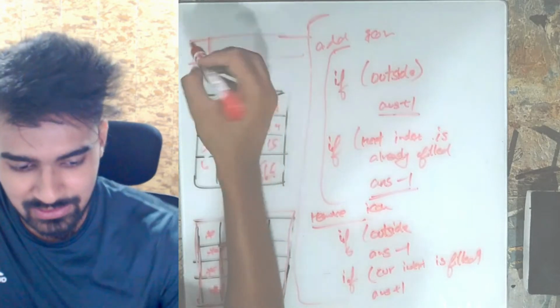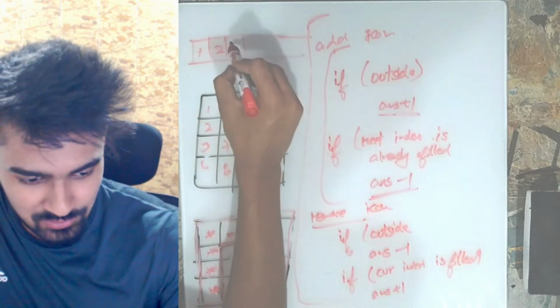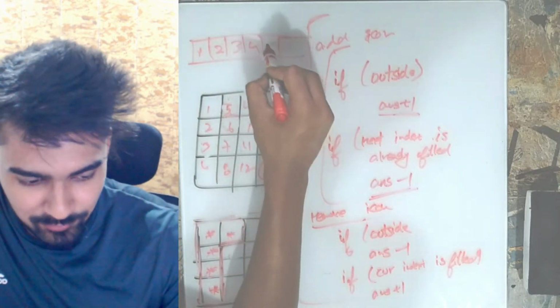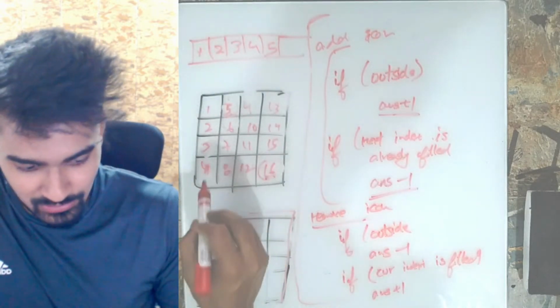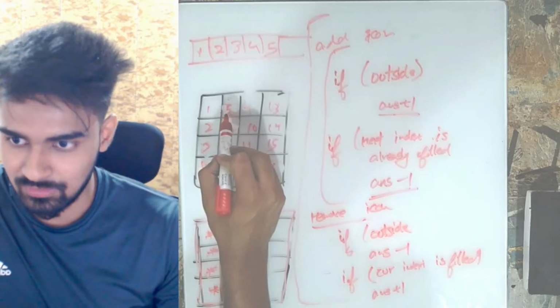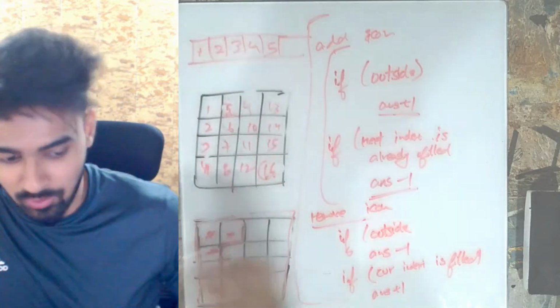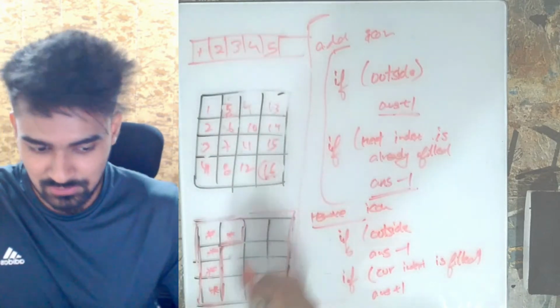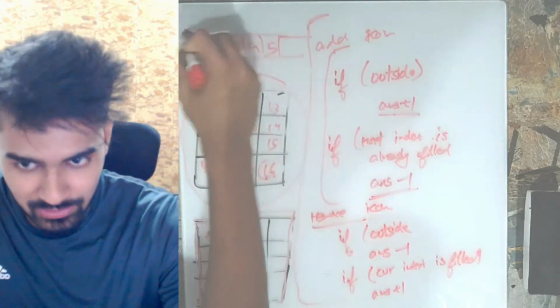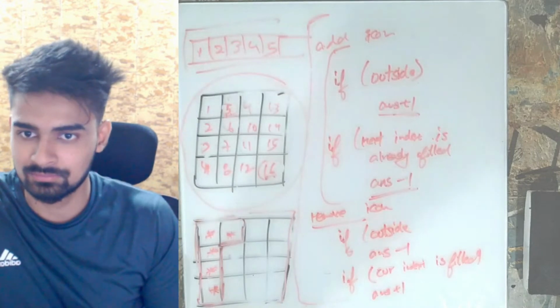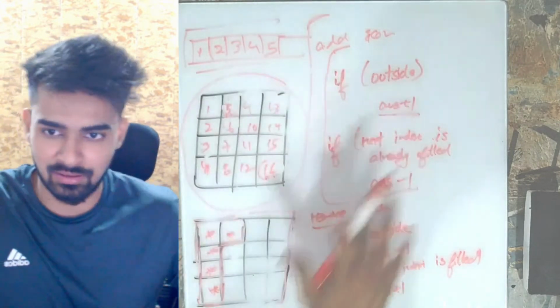Let's suppose the first index was 1, second was 2, third was 3, fourth was 4, fifth was 5. The reason is because we know that after 4 we need to look at 5, because that is how the desktop is arranged. So you could actually convert this complete 2D grid into a 1D grid and then solve the complete problem.